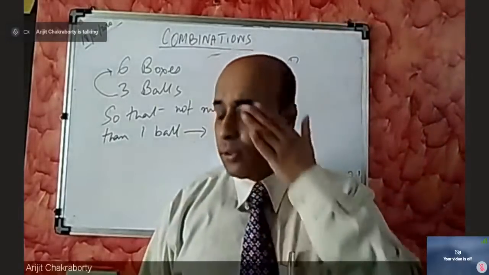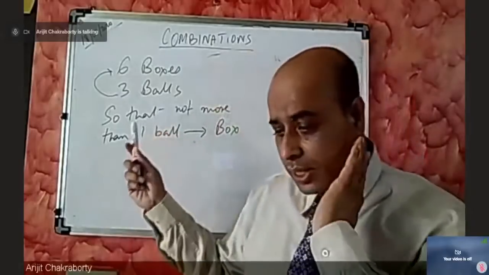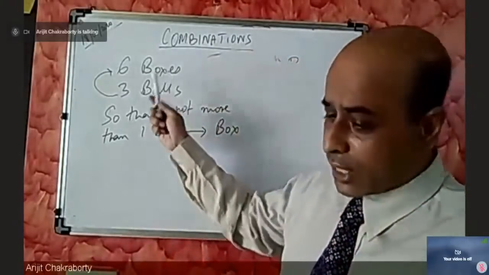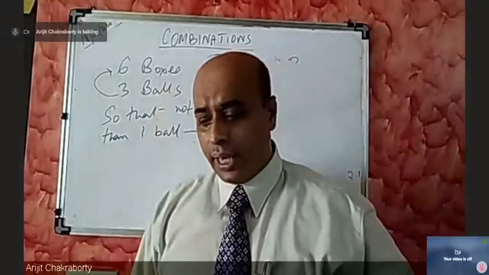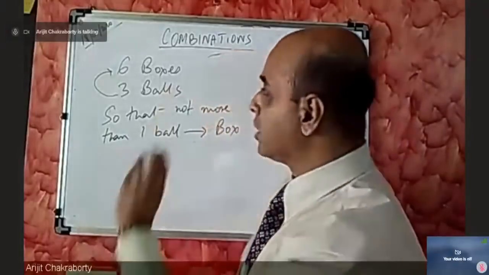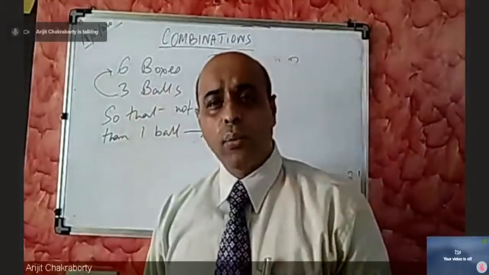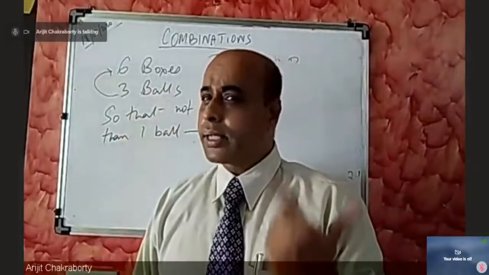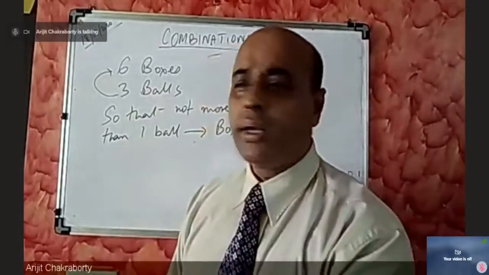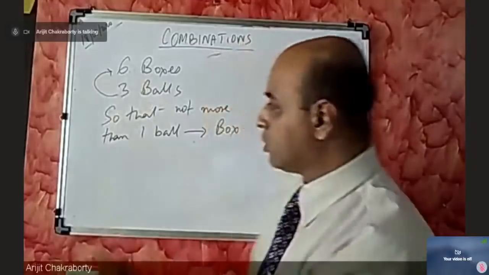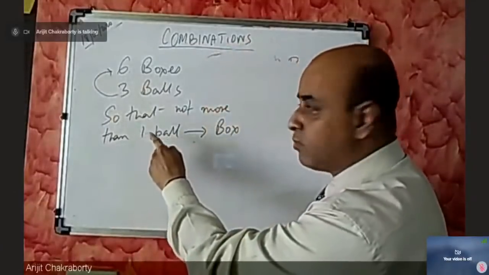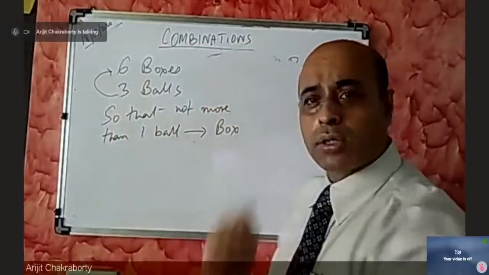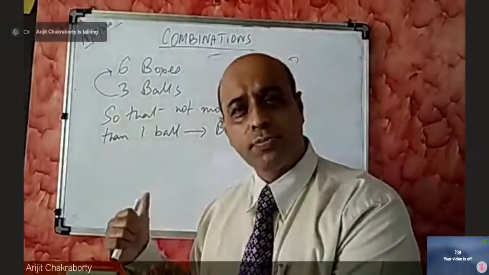So we have 3 balls and 6 boxes, and we have to put the balls into the boxes in such a way that I cannot put 2 balls in one box. In other words, I cannot put more than one ball in a box. I hope you have understood the problem.